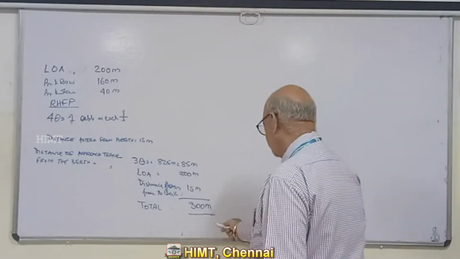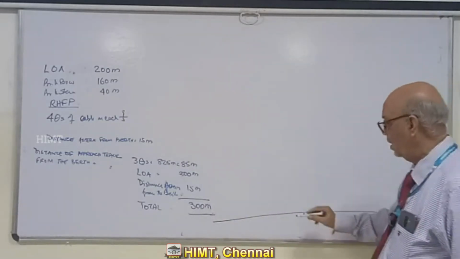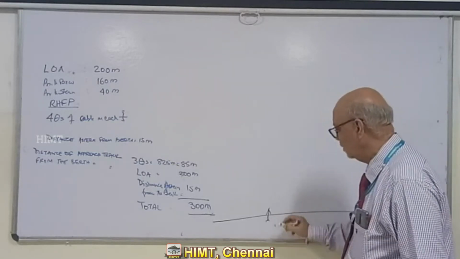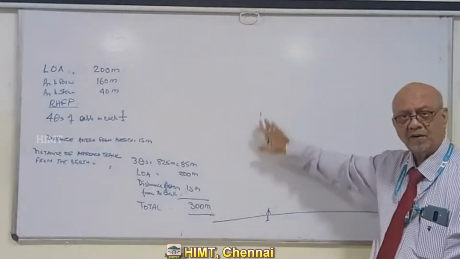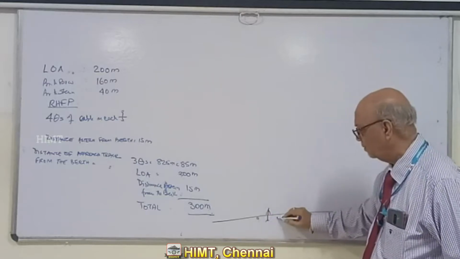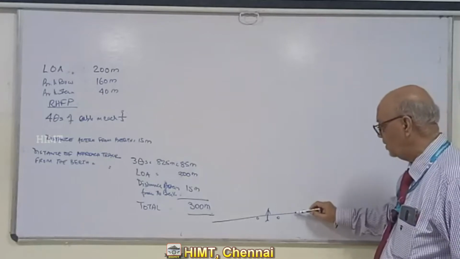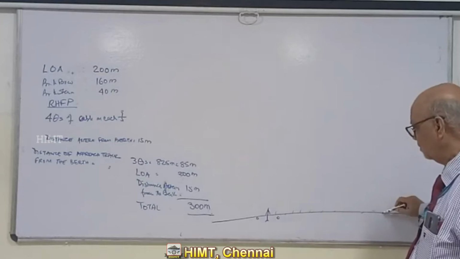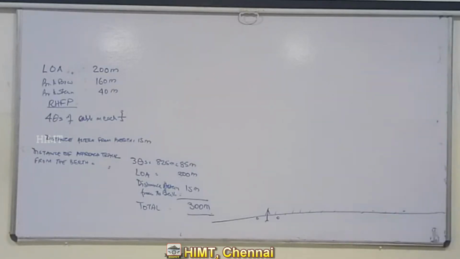Say this is your berth and this is where you have to make the ship come perpendicular and pass the stern lines. Bollards are somewhere here. So there will be markings on the jetty, or distances.